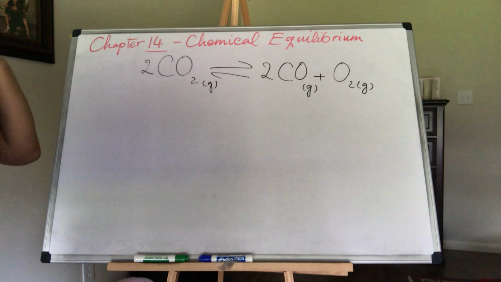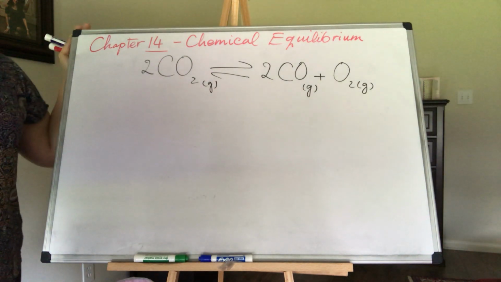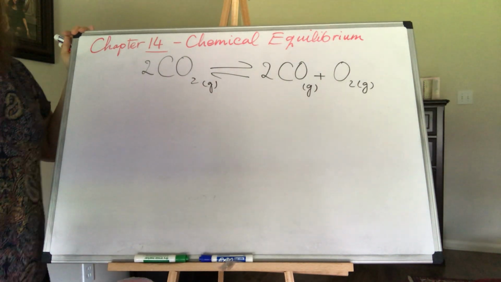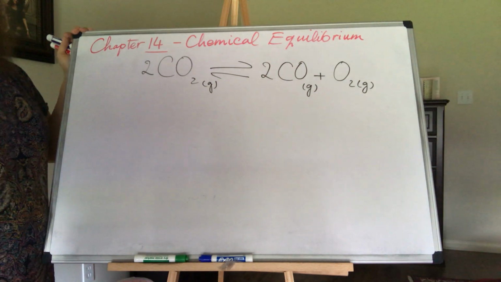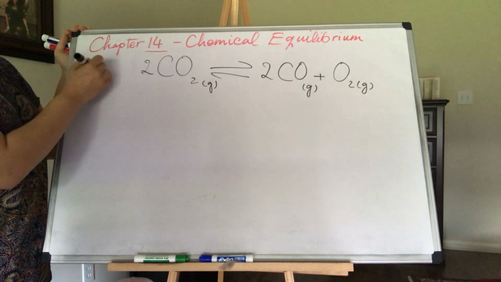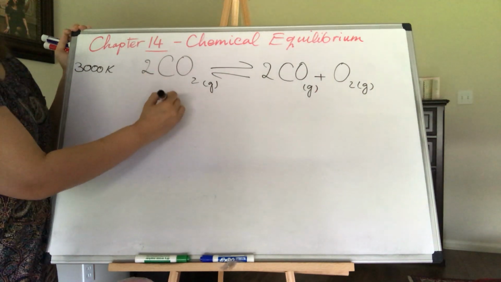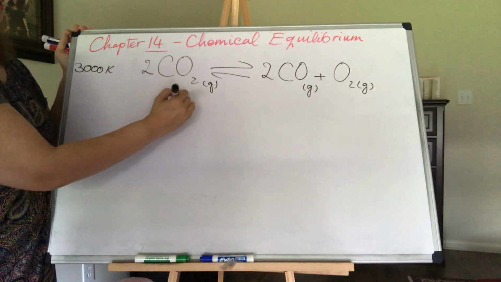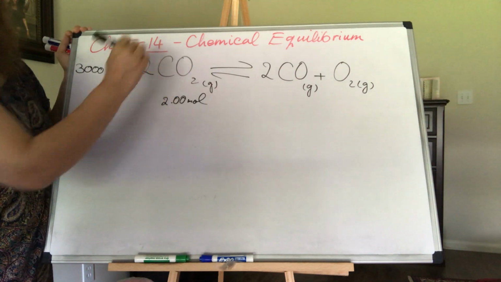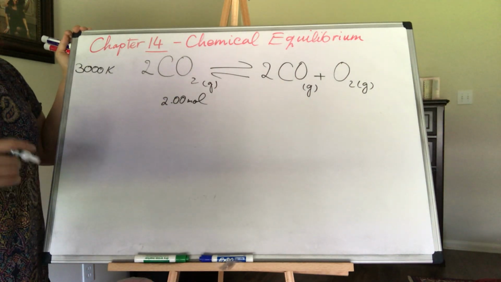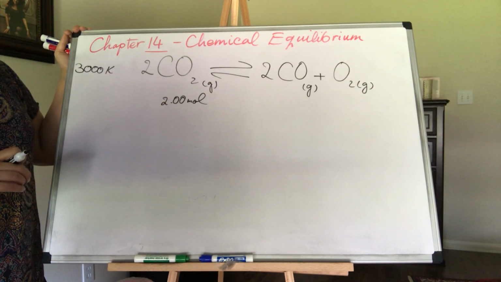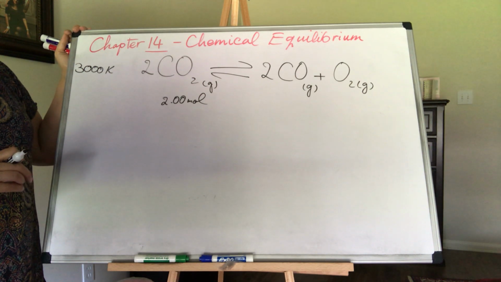Okay, here is the equation. Carbon dioxide decomposes at elevated temperatures to carbon monoxide and oxygen at 3000 Kelvin. 2 moles of carbon dioxide is placed into a 1 liter container and allowed to come to equilibrium.